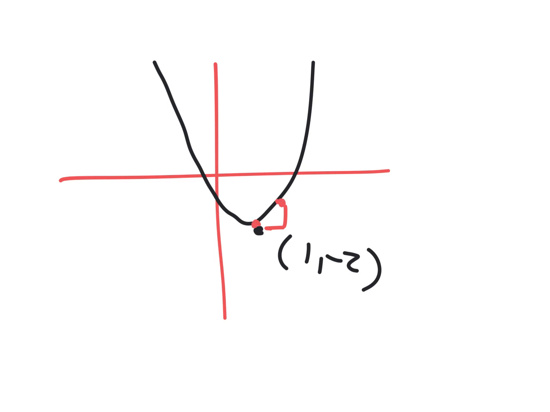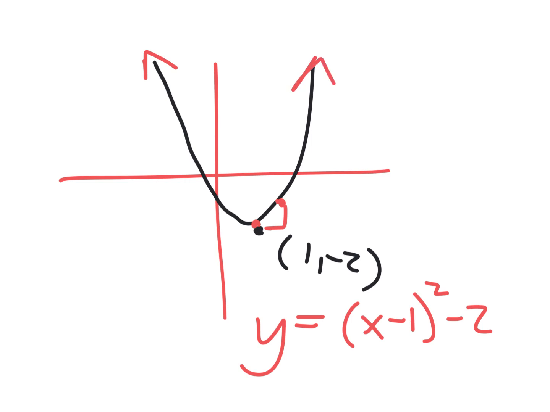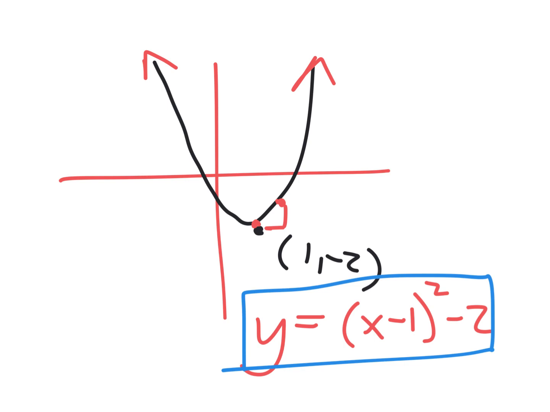So then you can go, okay, so the vertex form, x minus the 1 squared minus the 2. It's not flipped over, so I don't need a negative in the front, and it's not stretched. So there's the equation. Once you got the equation, then it's easy to find f of -3. They just want you to put in -3 in the equation.